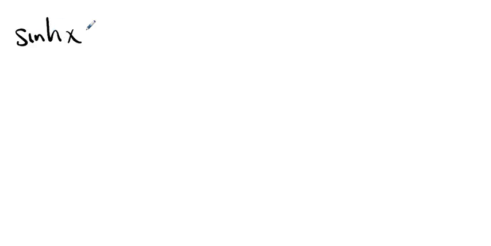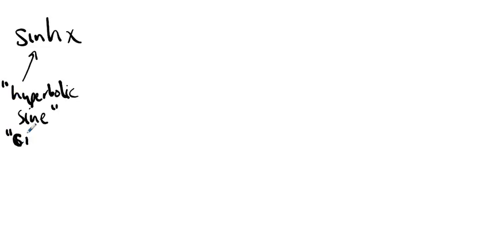The first hyperbolic trig function is the hyperbolic sine function, and you may see this button on a calculator and wonder, what the heck is that? That is the hyperbolic sine function. It is pronounced cinch, cinch of x.